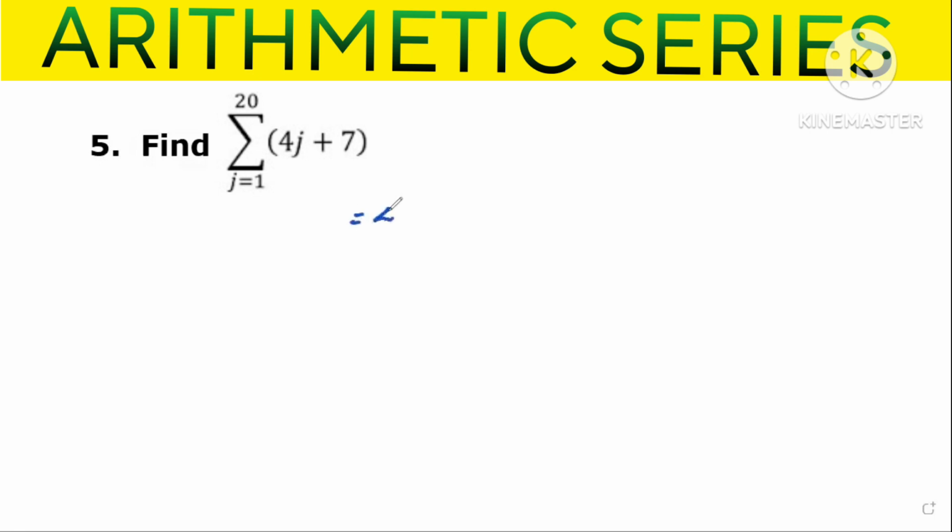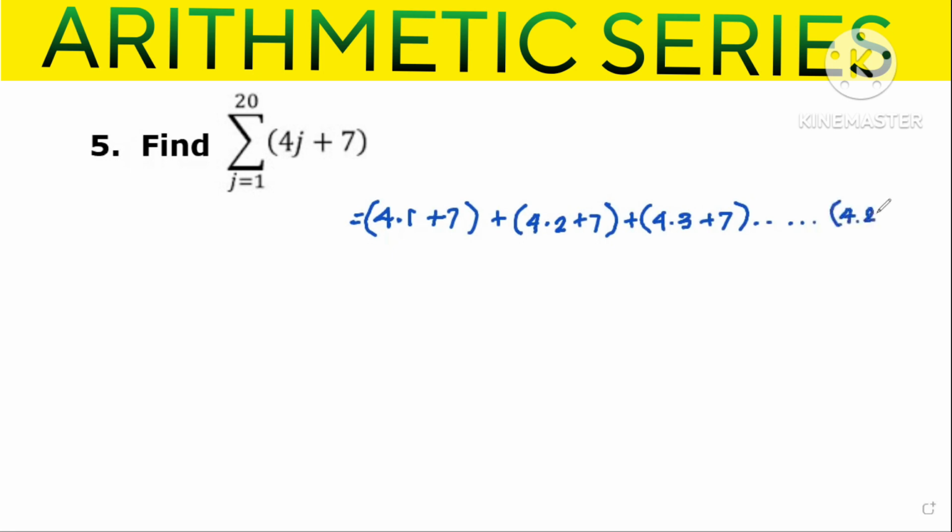So we have 4 times 1 plus 7 plus 4 times 2 plus 7 plus 4 times 3 plus 7 dot up to 4 times 20 plus 7.